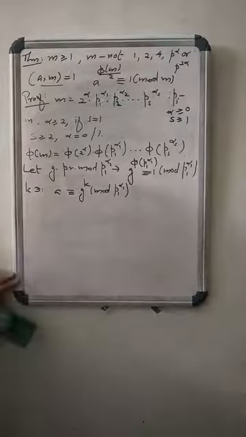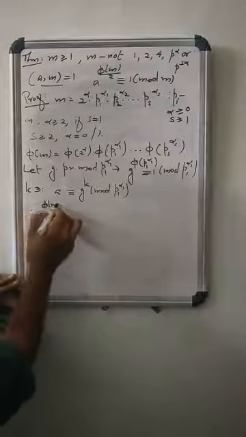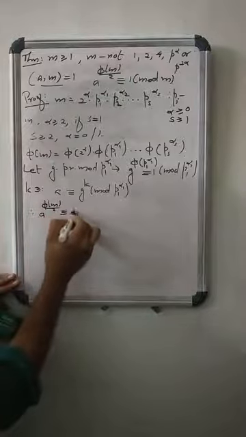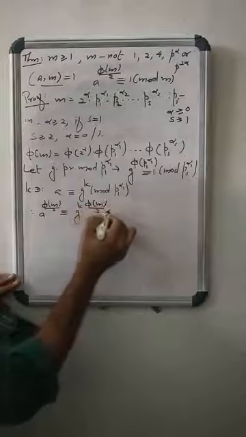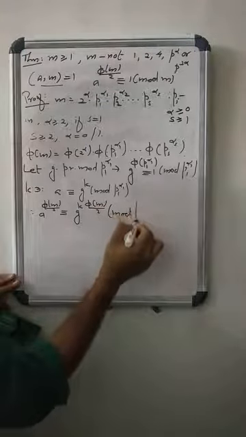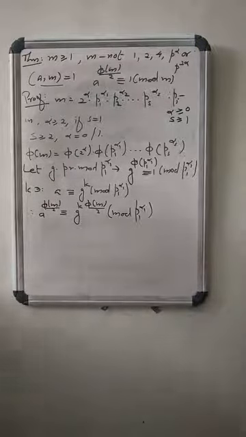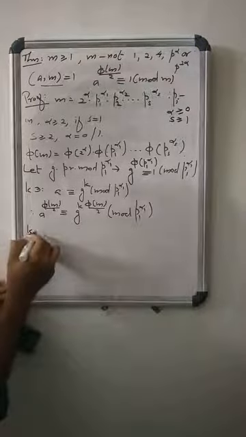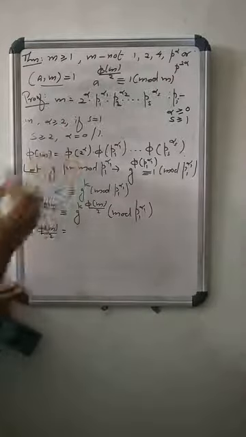Clear? Therefore, what about a power phi of m by 2? A power phi of m by 2 is congruent to g power k into phi of m by 2 mod p1 power alpha 1. Okay. But what is k into phi of m by 2? Phi of m is this one.